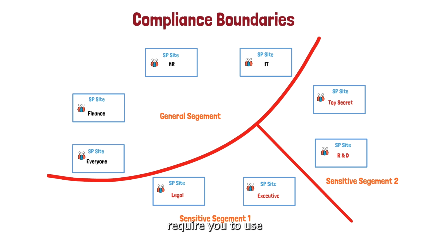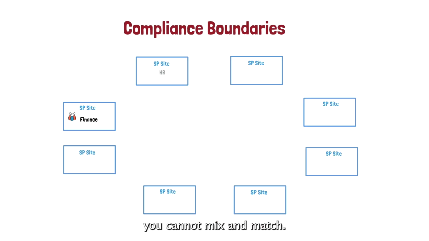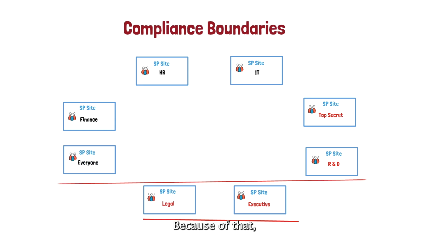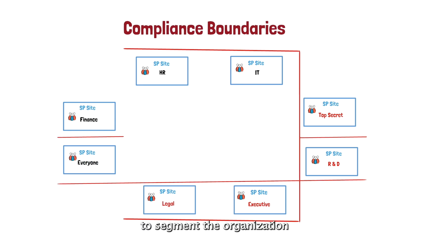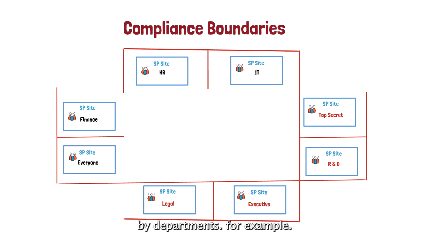Compliance boundaries require you to use a specific attribute for segmentation, such as department or a country, but not both. In other words, you cannot mix and match. You have to stick to one specific attribute. Because of that, it is often easier to segment the organization by department, for example.